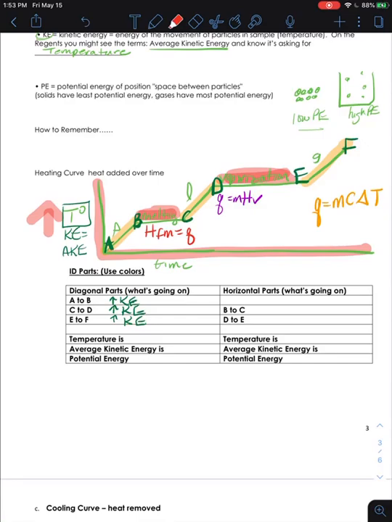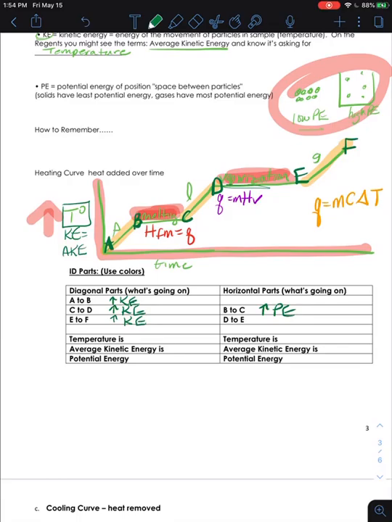But what's happening is, and this is where this part is pretty important, B to C, the potential energy is increasing because now you're going from a solid to a liquid, and that space is now getting farther and farther apart. So with that information, we can write in from B to C, we have now an increase in potential energy.